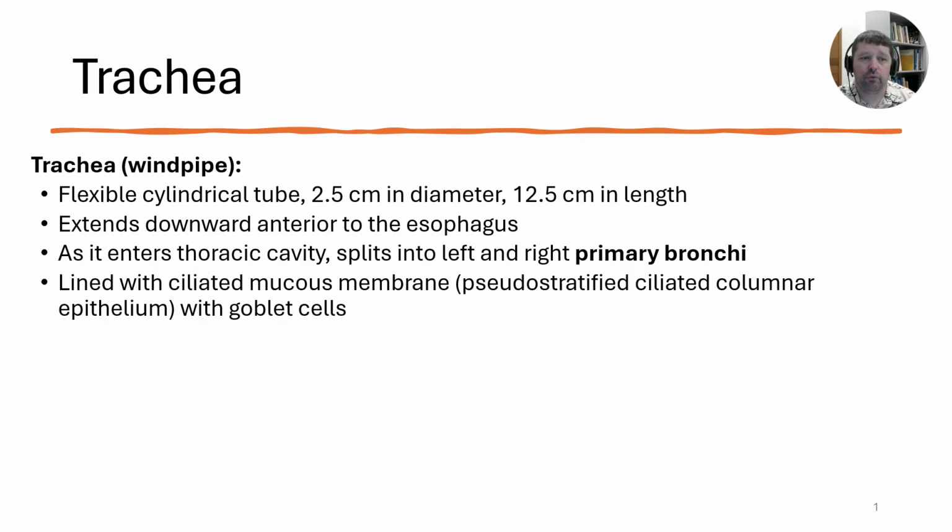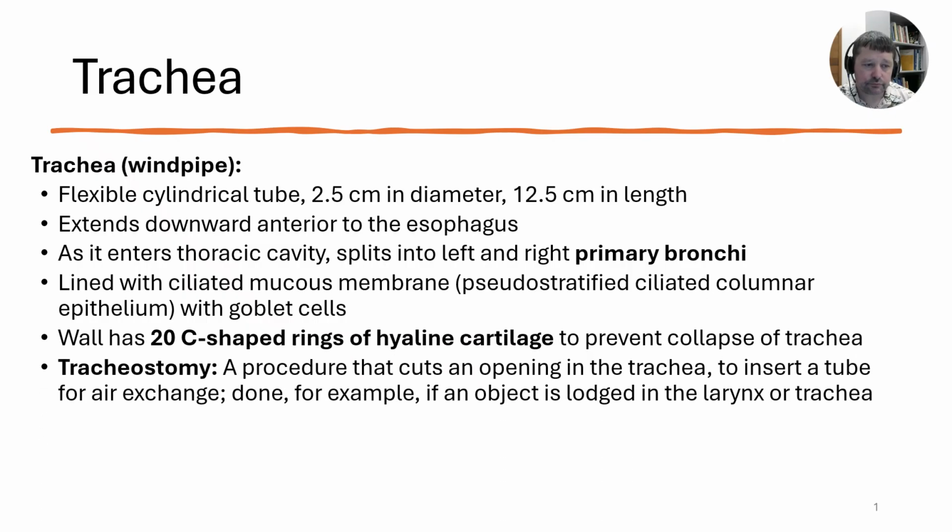As you break down from the primary bronchi into secondary or smaller bronchi into the bronchus, and then into the alveoli, you get less and less of these ciliated cells, because once the material gets that far down, there's really nothing that's going to lodge that material out. And we'll talk about this in a little bit.